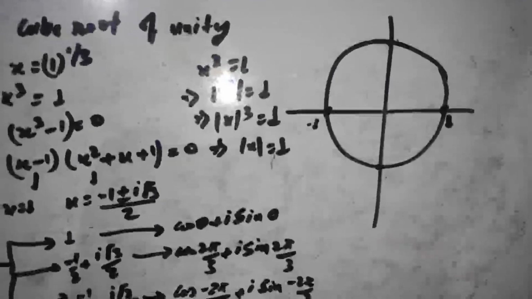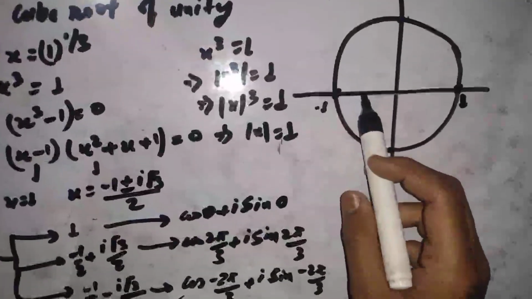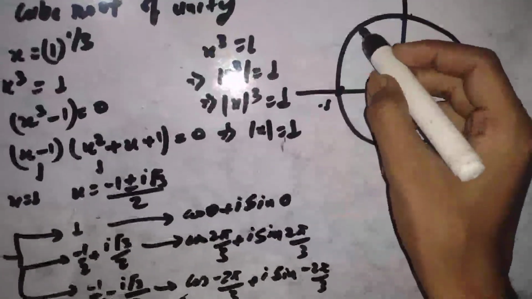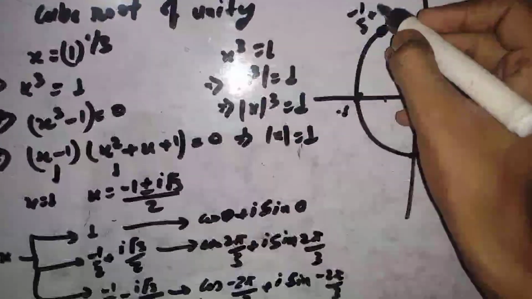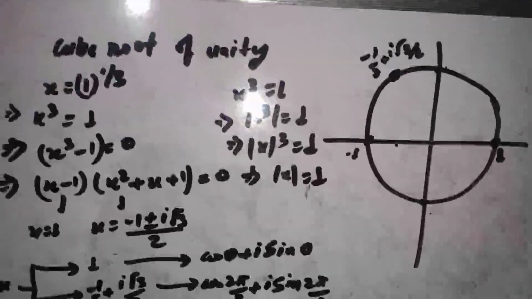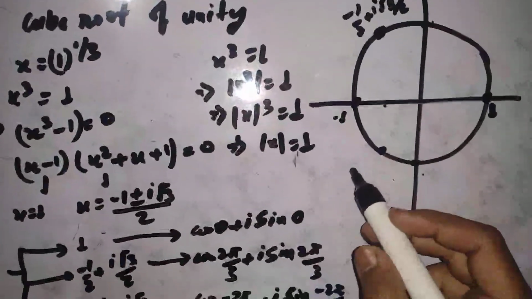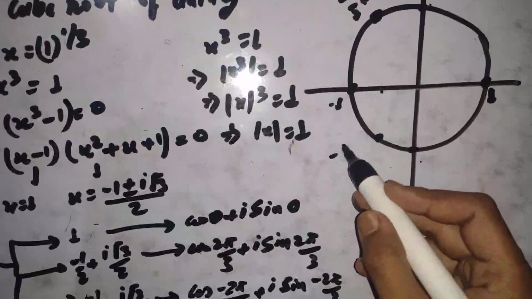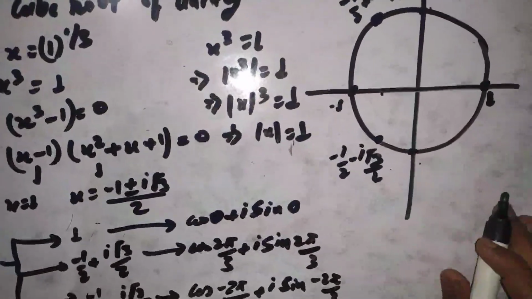Our second root is minus half, so somewhere here, and plus iota root 3 by 2, so somewhere here. This is minus half plus iota root 3 by 2, and another root is minus half minus iota root 3 by 2.